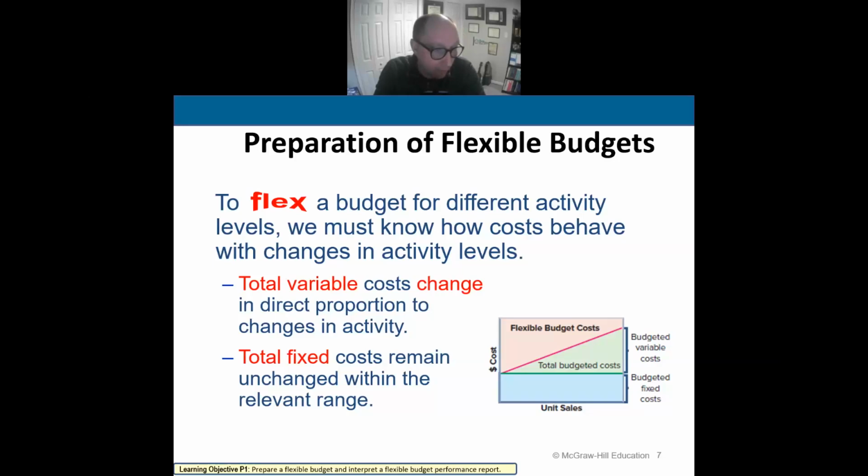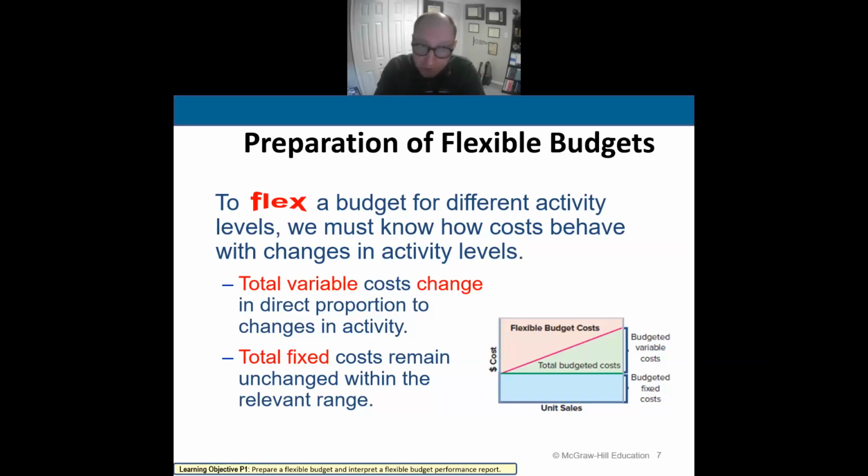Well, if I come in at 75,000, that's 75% of 100. If I come in at 125,000, well, that's 125% of the budgeted amount. So what I can do is change the budgeted amount based off those percentages of sales. So that's what makes a budget flexible.